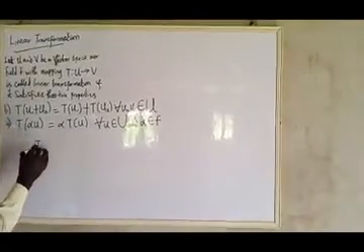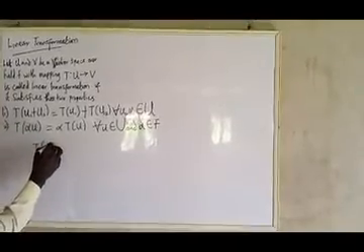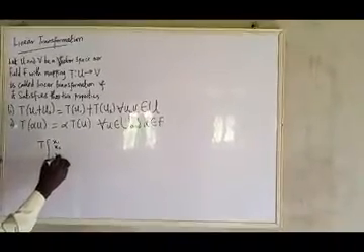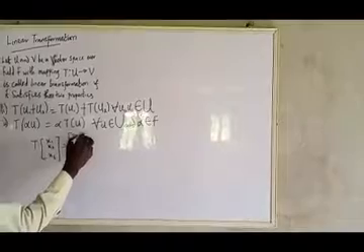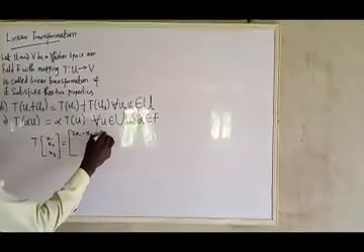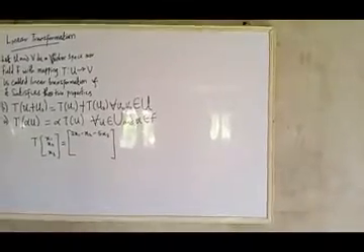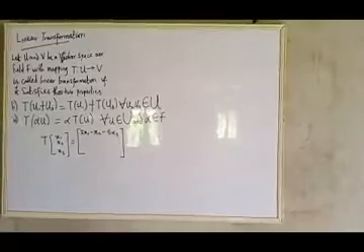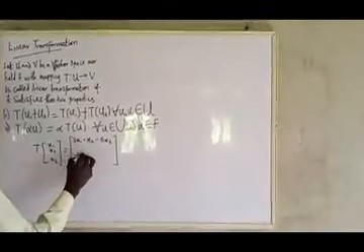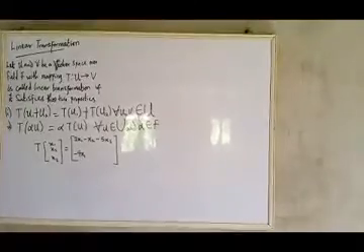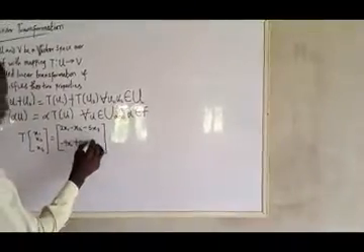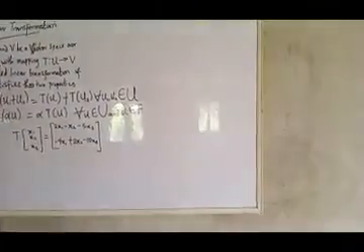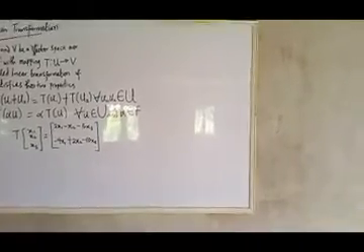I am given that T of x1, x2, and x3 is 2x1 minus x2 minus 5x3, and the other one is minus 4x1 plus 2x2 minus 10x3. So let's see this example under vector space.